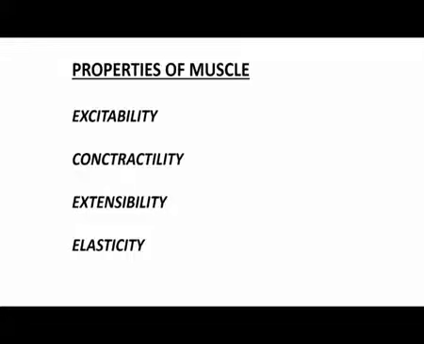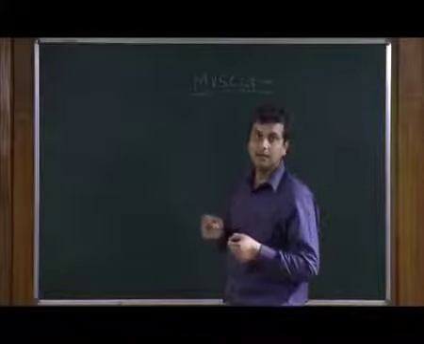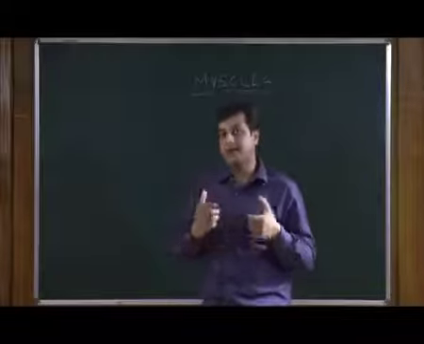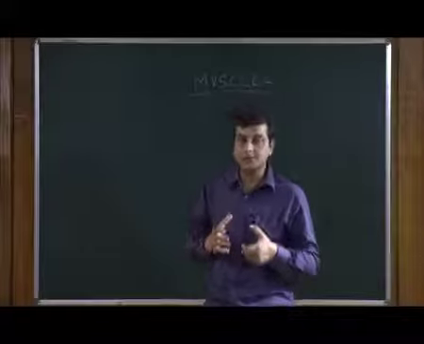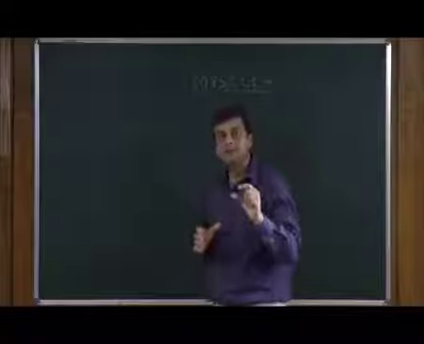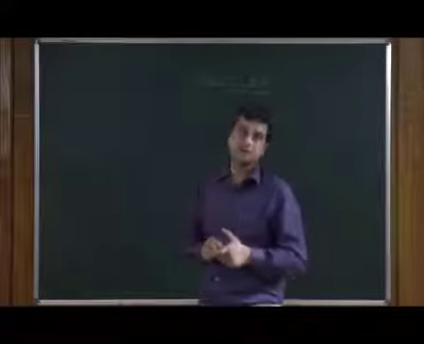So each and every muscle should have excitability. Now excitability stands for the excitation potential. We will not go into detail about all this because this is for higher study, but just for the sake of knowledge, we should understand these four properties of muscle are essential in order to give functionality to muscles.